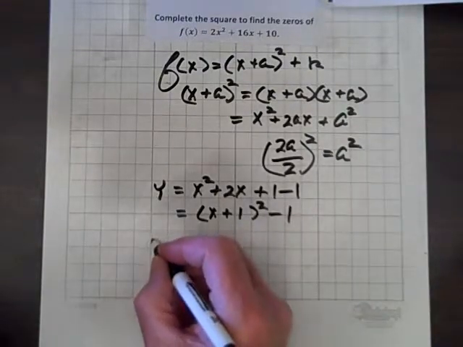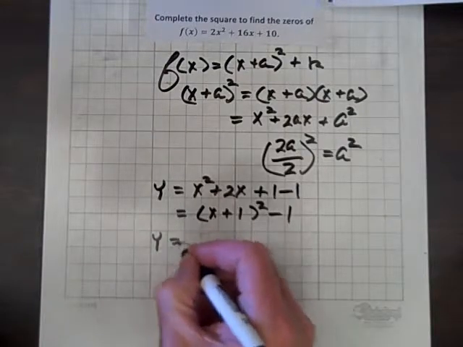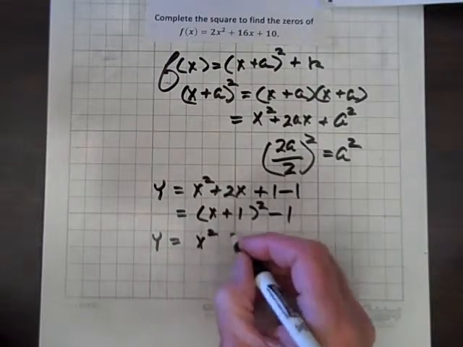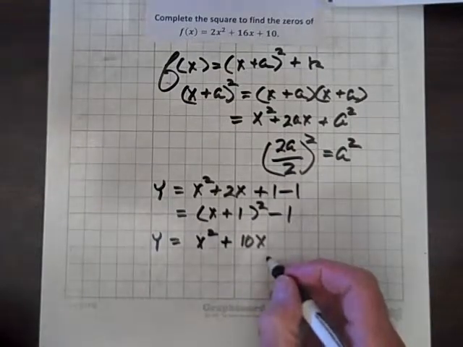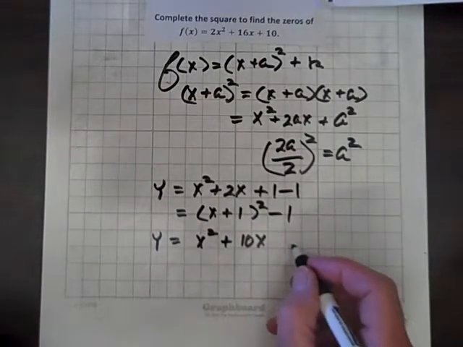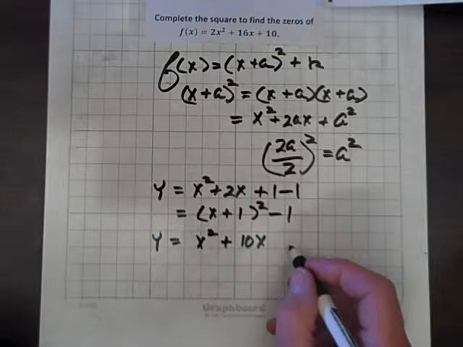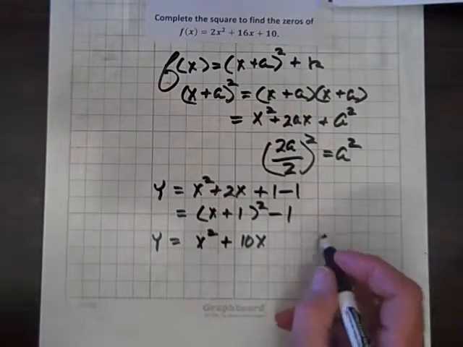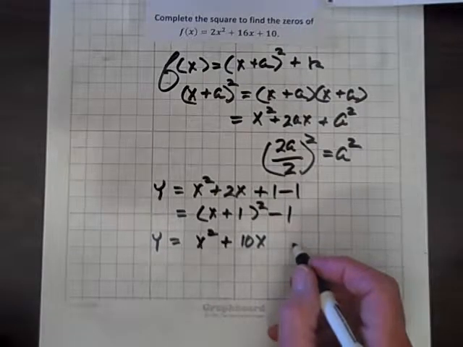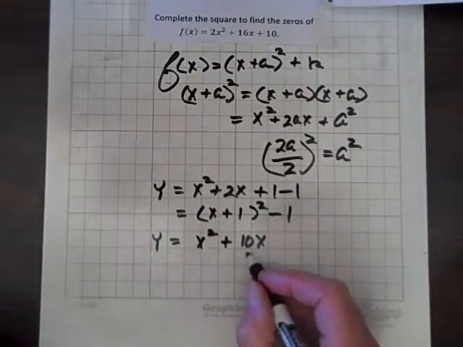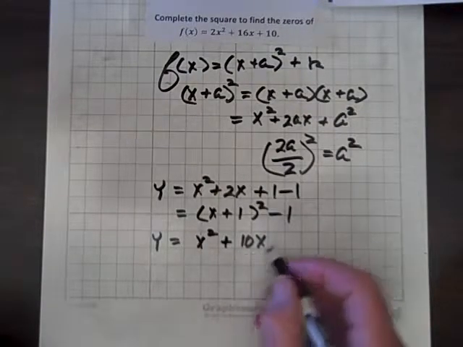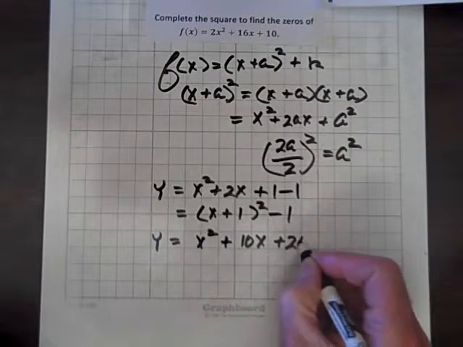Let's try it again. Y equals x squared plus 10x. What would we have to add to this to get a perfect square? Well, of course, we have to add 0. That's the only thing we can add, but 0 in the form of our choice. Half of 10 is 5. If we square 5, we get 25.